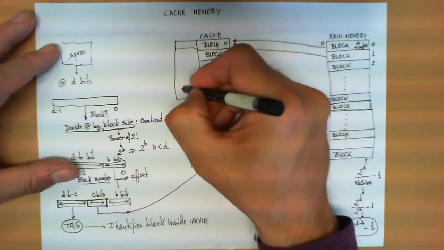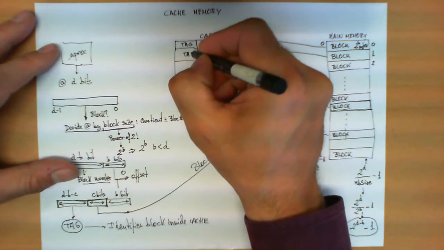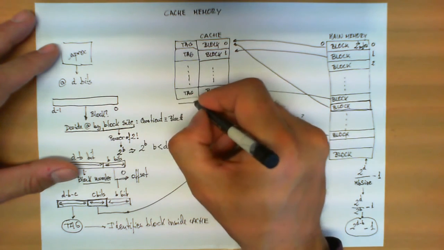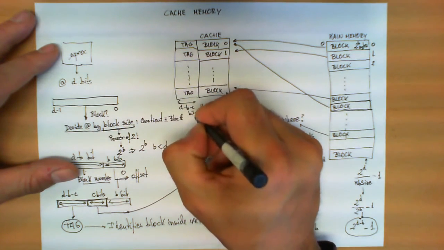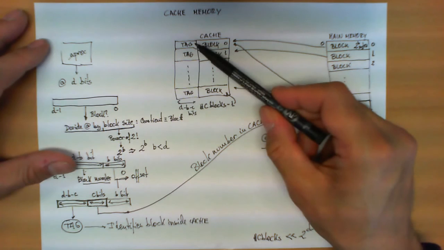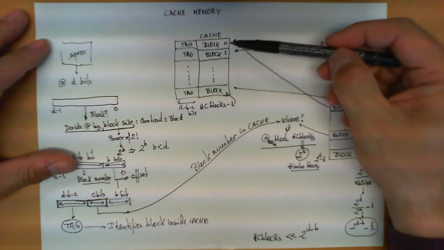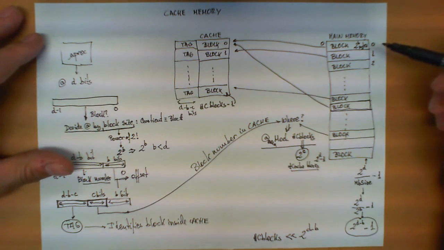We're going to have a structure like this, and with the tag, which by the way is only d minus b minus c bits, we will be able to identify, out of all the possible blocks in main memory that are mapped to block number 0 in the cache, which one is present there.